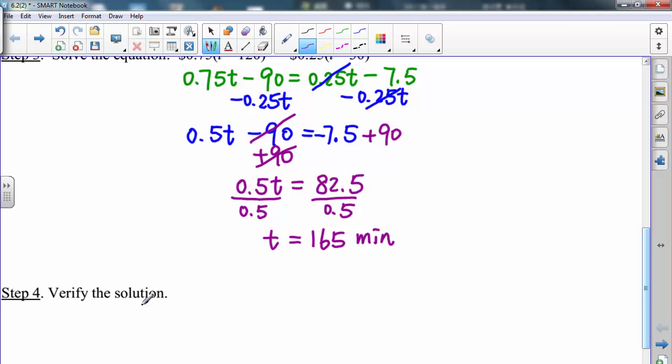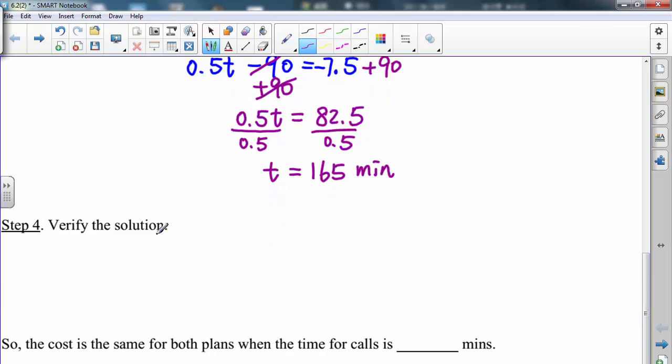Let's verify the solution in the last step. If we want to verify if this t value is correct, we only need to substitute this 165 minutes for the t on both the left side and the right side. So the left side right now is 0.75 times brackets t minus 120.